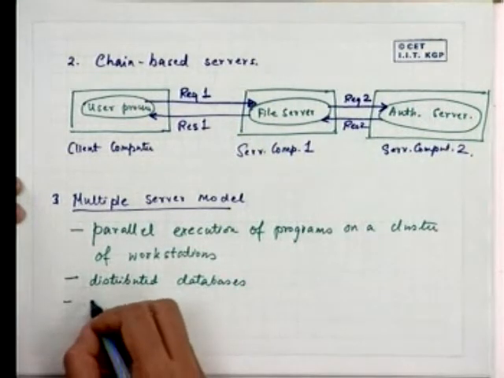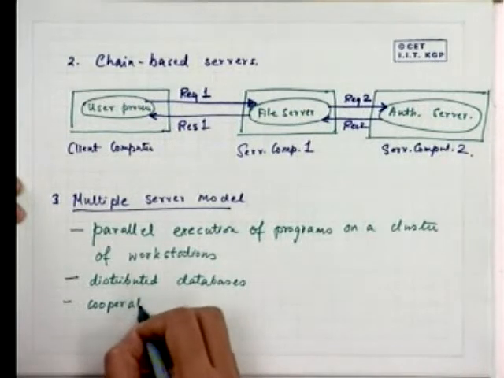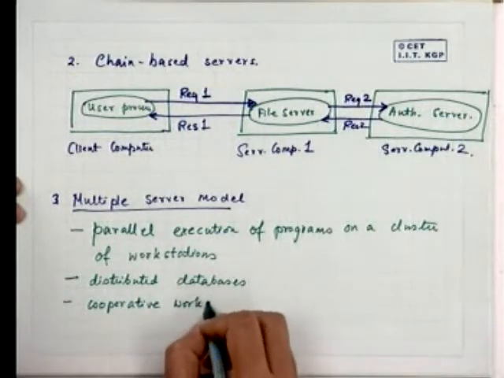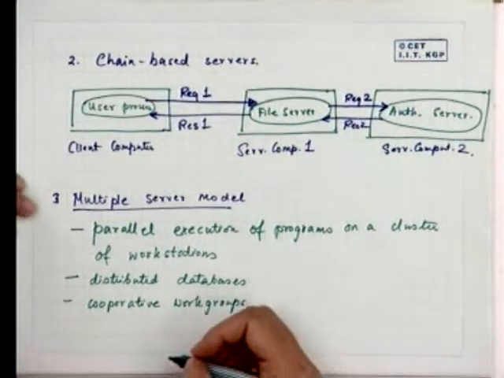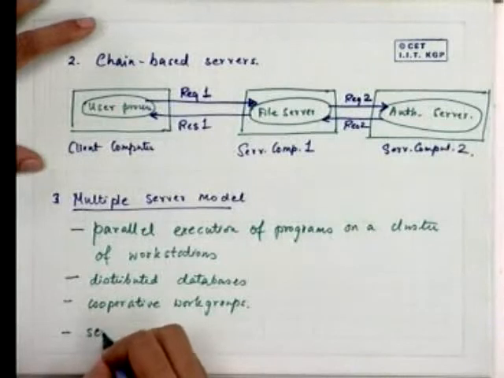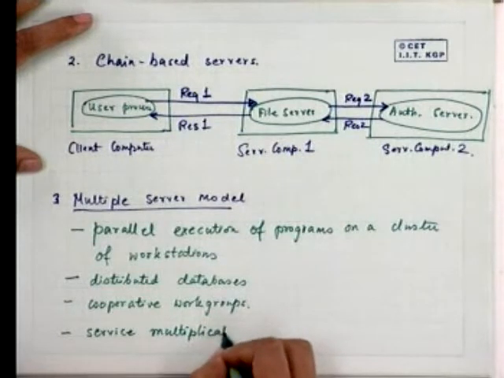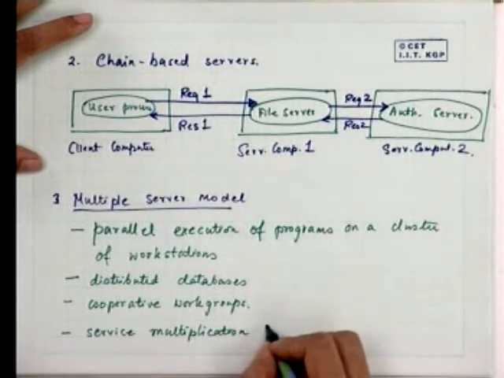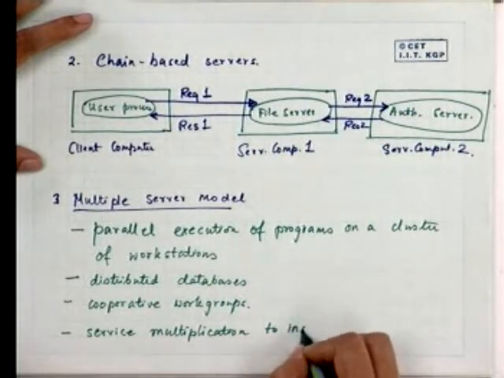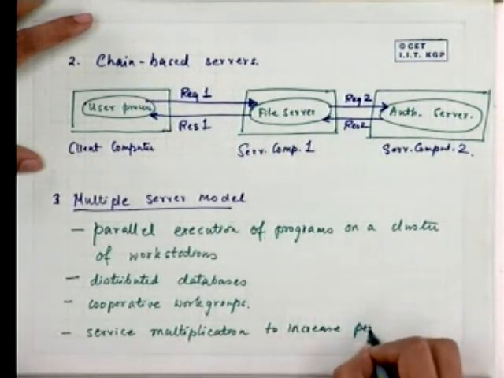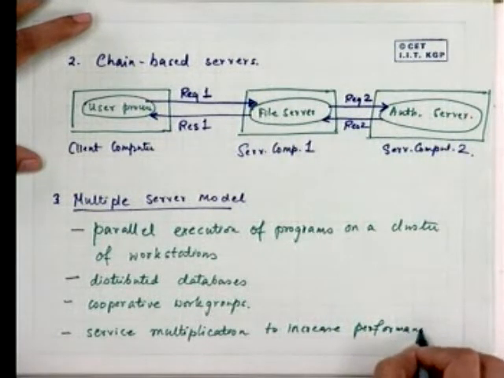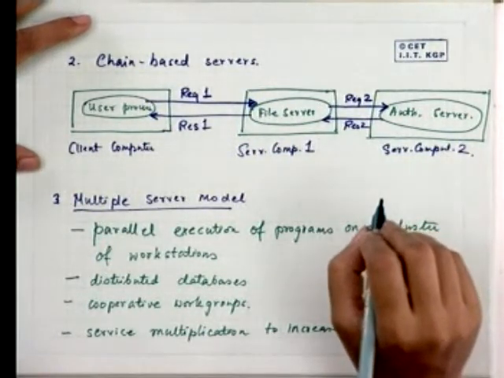Thirdly, we have cooperative work groups. And fourthly, since we have a number of servers, we can have service multiplication. Service multiplication leads to increased performance, and it can also be used to improve reliability as well as availability.